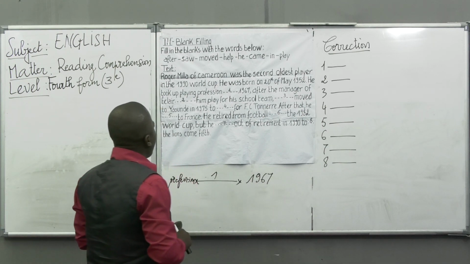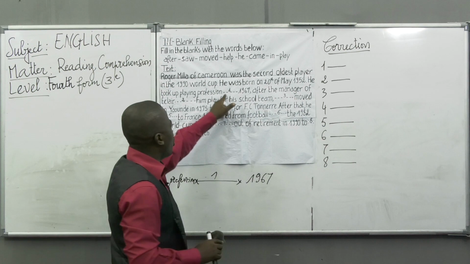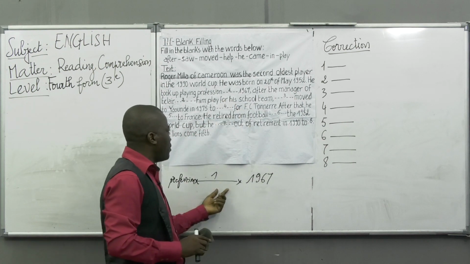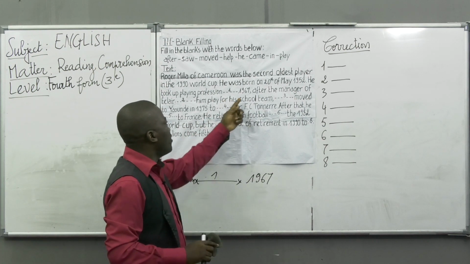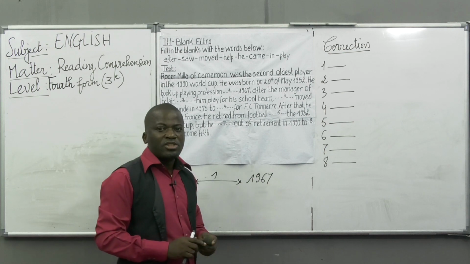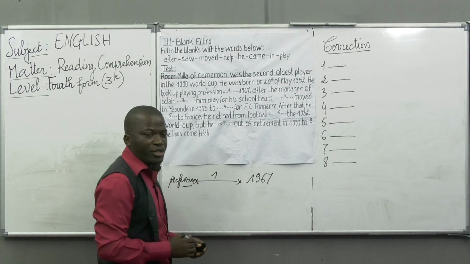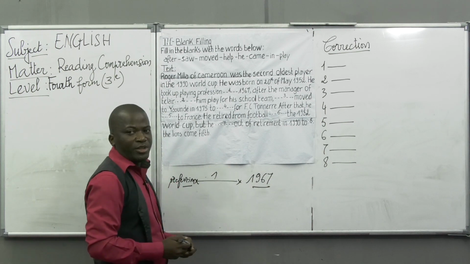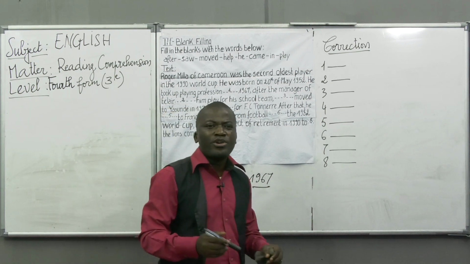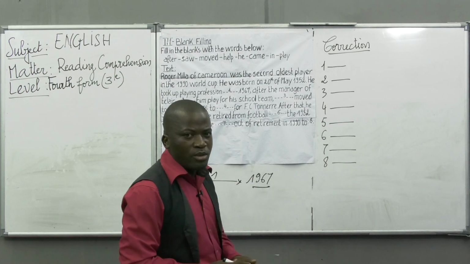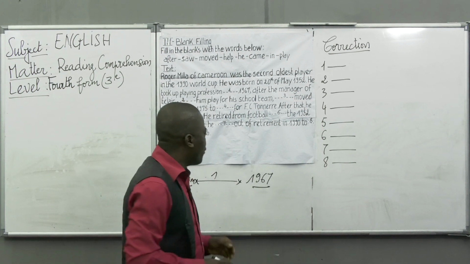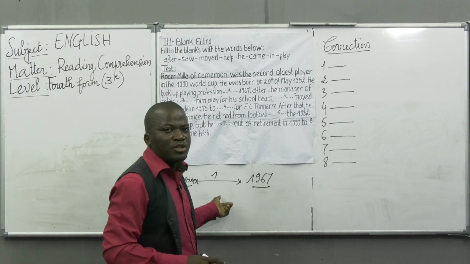He took a playing profession, gap or blank, then 1967. Good. Now, if this one does not guide you, the last one will guide you. Now, what is the word that we're going to take from the list? What is the appropriate word for this blank or for this empty place?